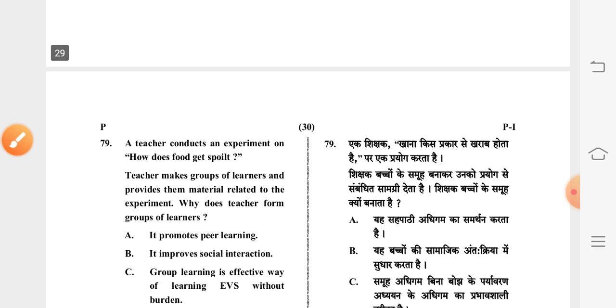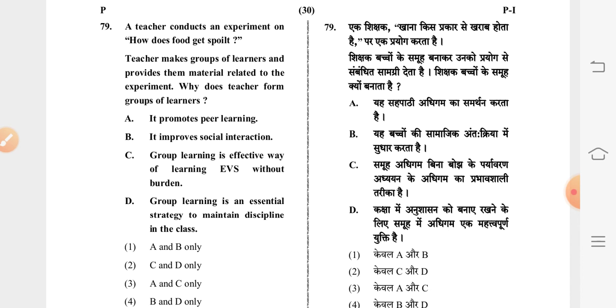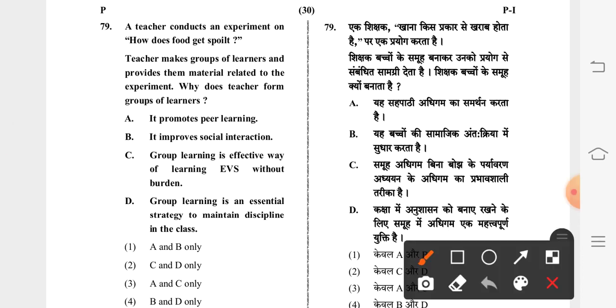Next question number 79. A teacher conducts an experiment on how food gets spoiled. Teacher makes groups of learners and provides them material related to the experiment. Why does the teacher form groups of learners? Third option is correct.